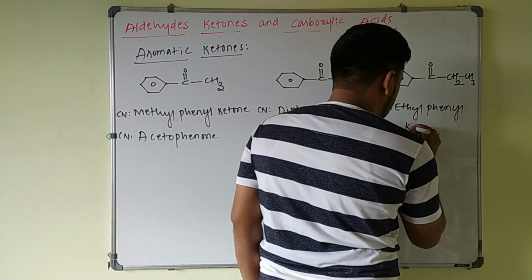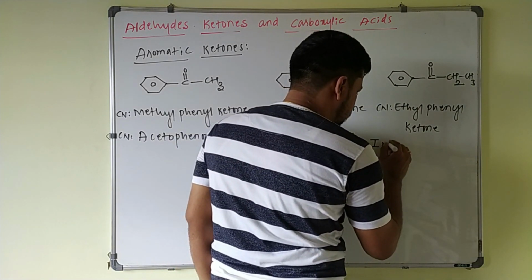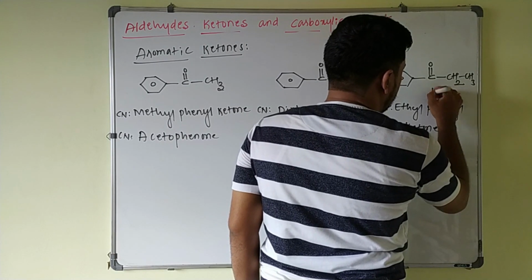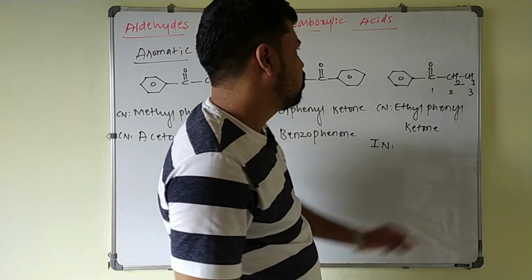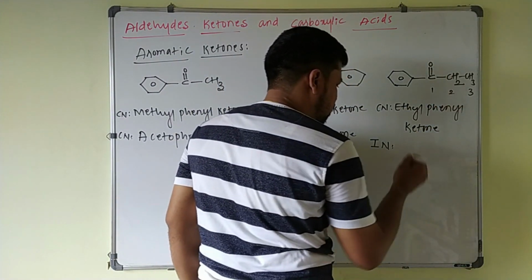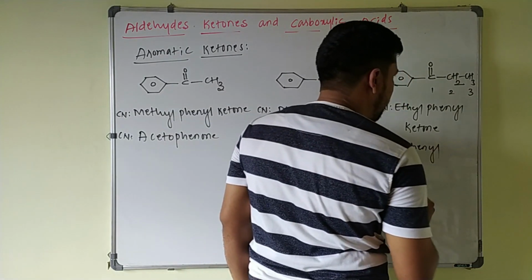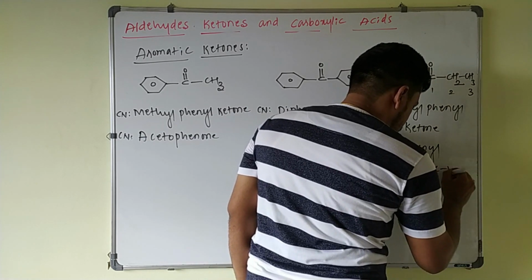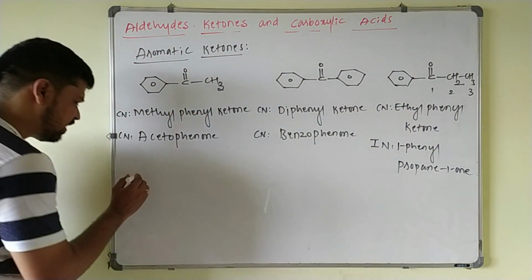For this one you can write the IUPAC name also. Carbon atoms numbered 1, 2, 3, it is 1-phenylpropan-1-one, because 3 carbon atoms are there. On the first carbon atom the phenyl group is attached: 1-phenylpropane-1-one.